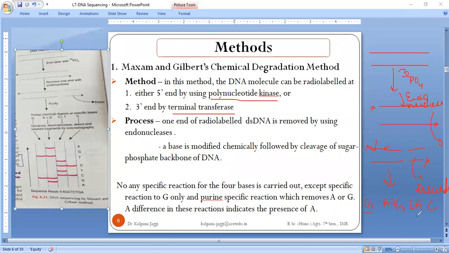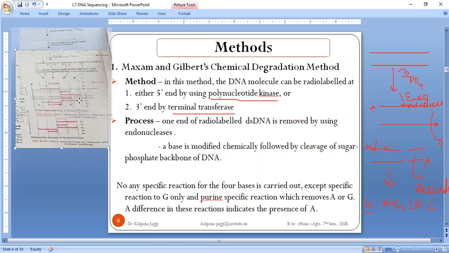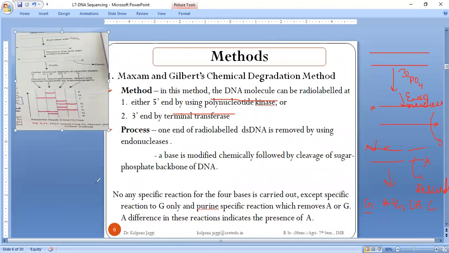Now, when we have random fragments, the very next step is the preparation of the gel, right? As I've already told you, this is the electrophoretic unit, where the gel is placed, and the gel has pores in it.